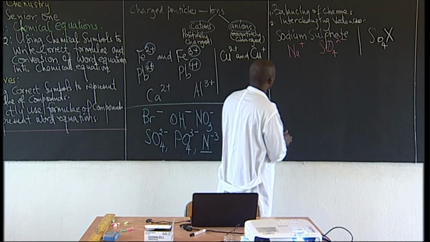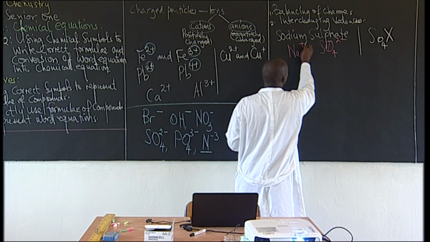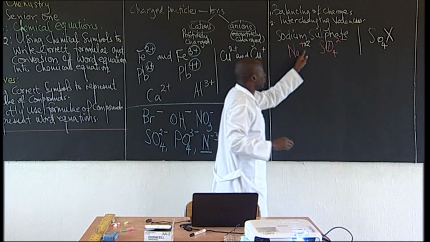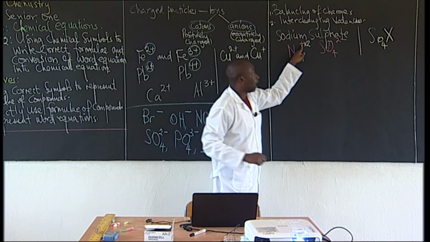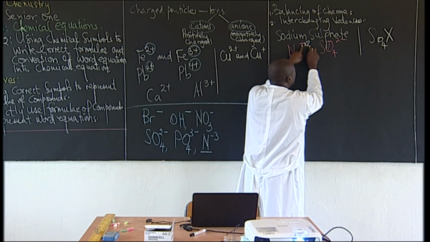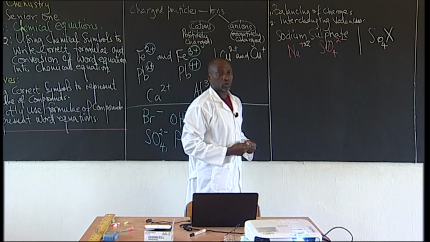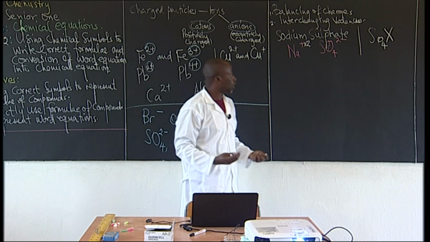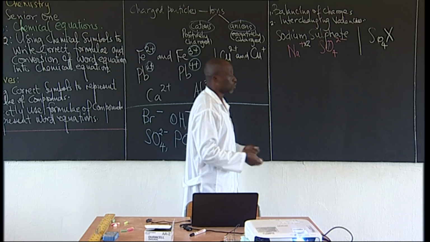It means you would have to multiply this one by 2. When you multiply by 2, it means we'll have positive 2 and we'll have negative 2, so they will balance and be equal, and that is what we need to do.